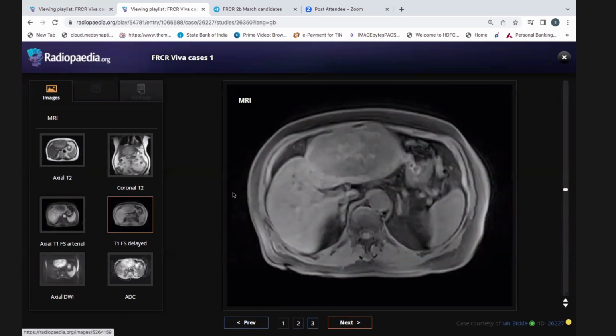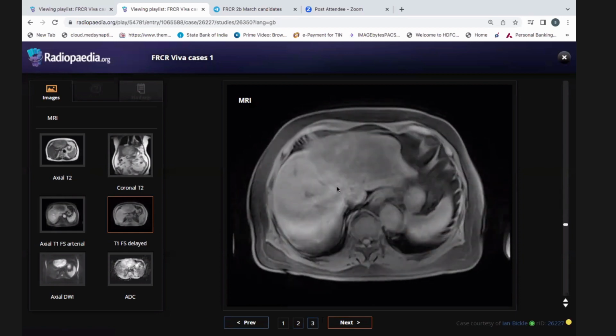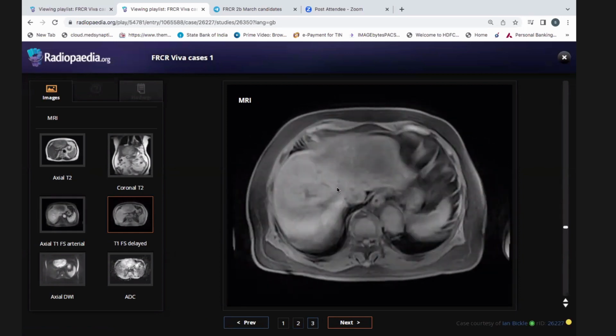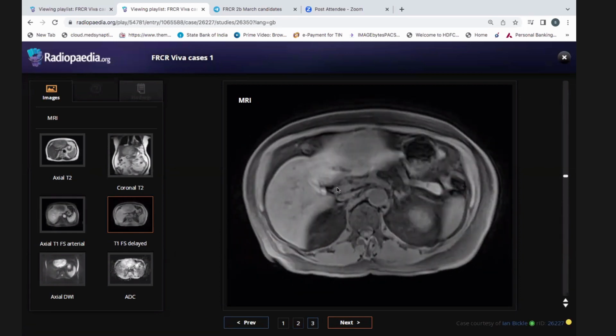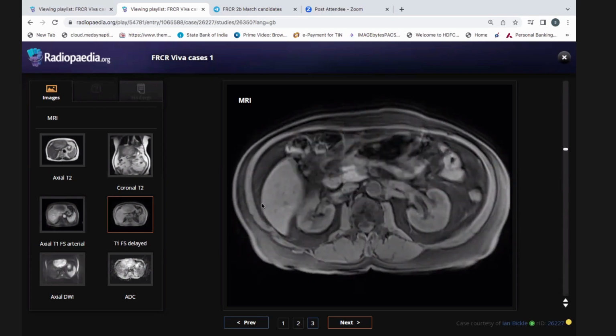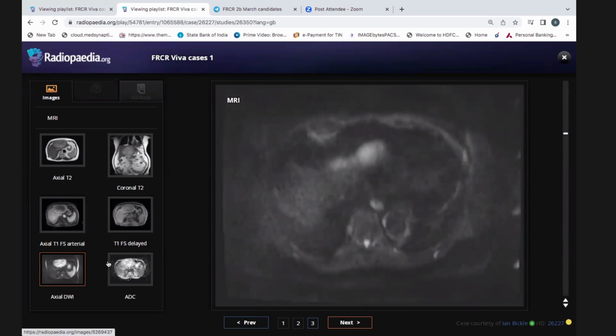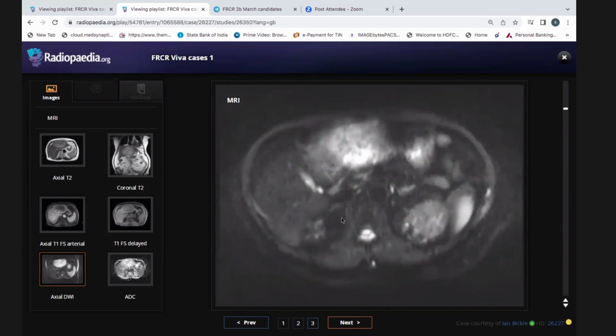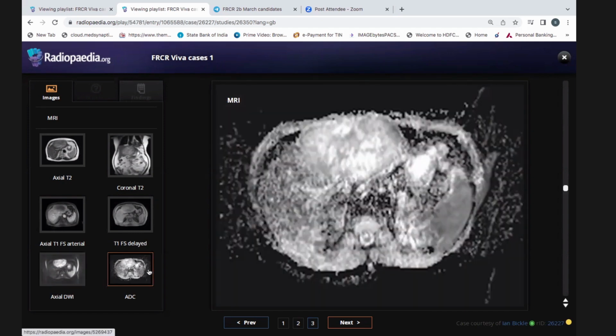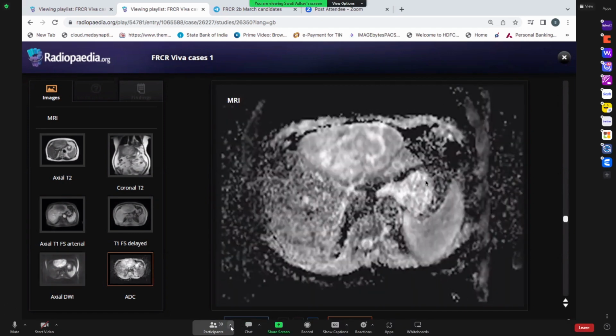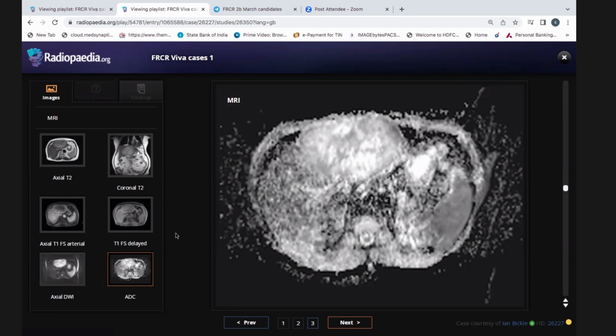And in the delayed phase, there is gradual accumulation of contrast. There is diffusion hyperintensity, and I check with ADC, showing areas of diffusion restriction.